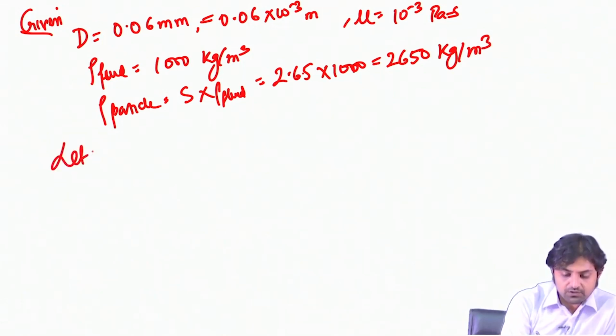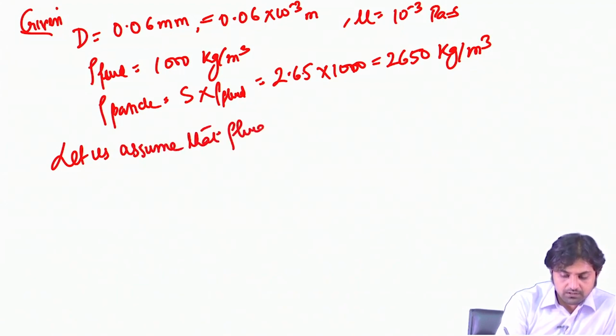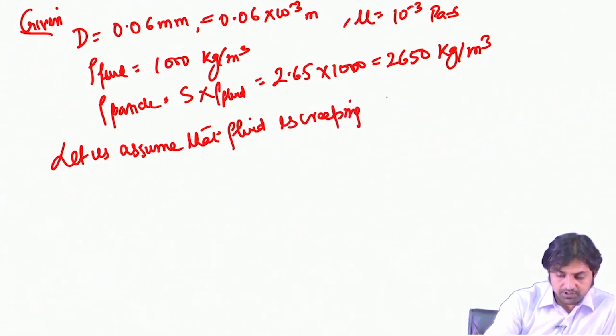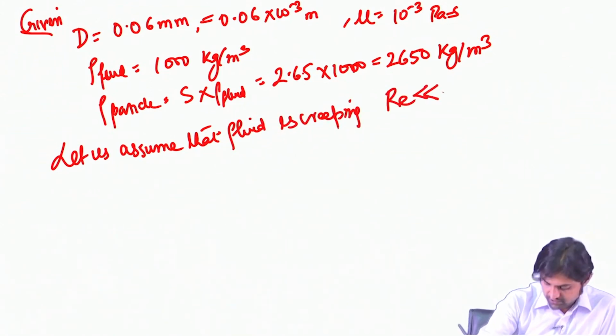So let us assume that the fluid is creeping, that is Reynolds number is not very much, but less than 1.